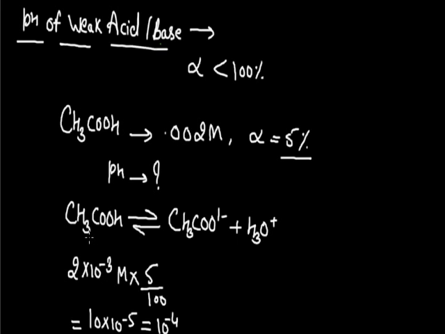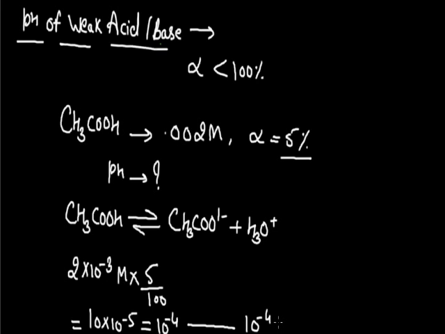Now from the stoichiometry we see that if one molecule of acetic acid goes for ionization, it will provide one hydronium ion. So if 10 power minus 4 moles of acetic acid ionize, they will provide 10 power minus 4 moles of hydronium ion.